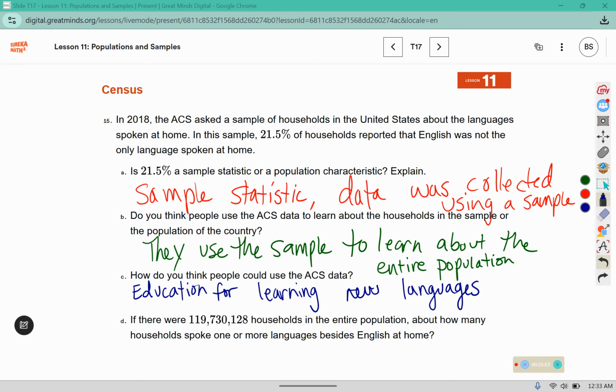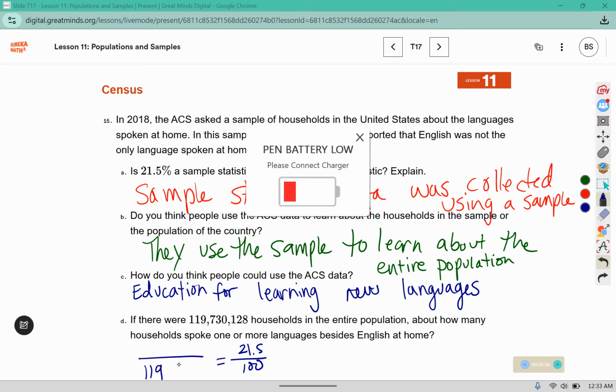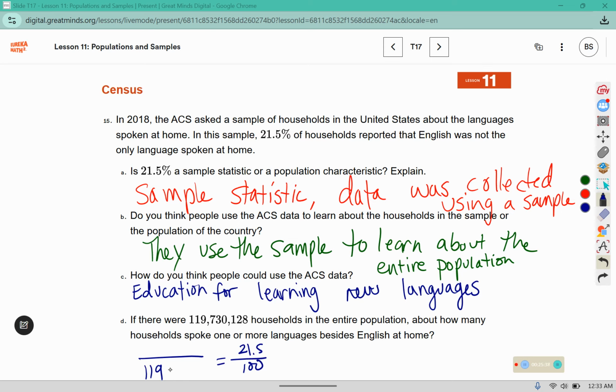D, if there were 119,730,120 households in the entire population, about how many households spoke one or more languages besides English at home? So there's 21.5%. Percents are out of 100. And our population here is 119,730,128.